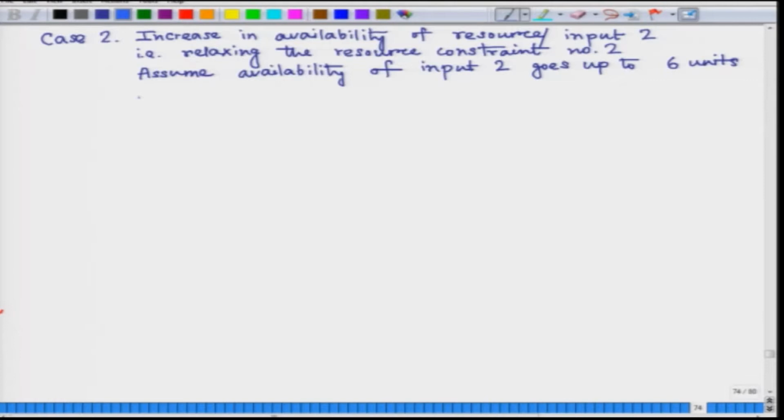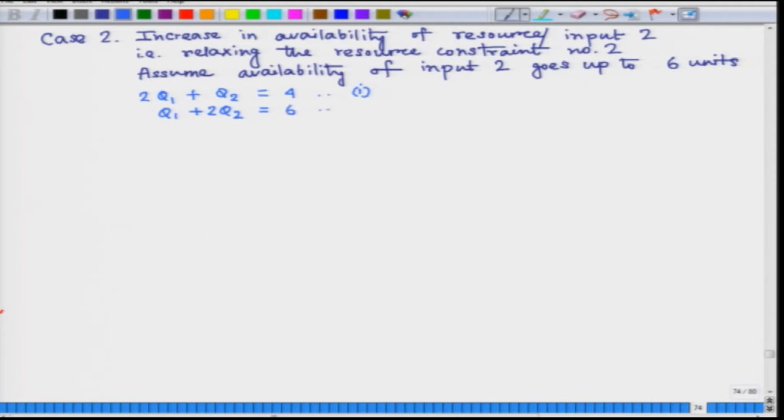input number 2. So, let us also assume that here also the availability of resource 2 is increased by only 1 unit. So, that will have some impact on the technical constants. So, let us write down the changed technical constants in this case. So, here we will have the technical constraints written as, note that there is no change in the first technical constraint, but there is a change in the second technical constraint.